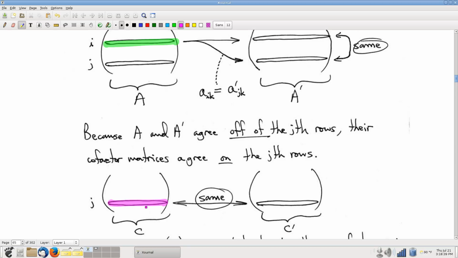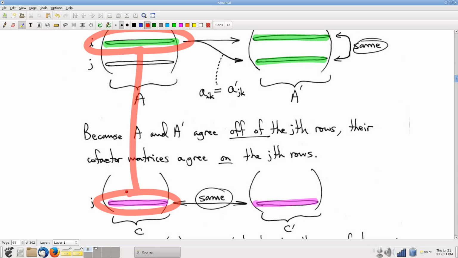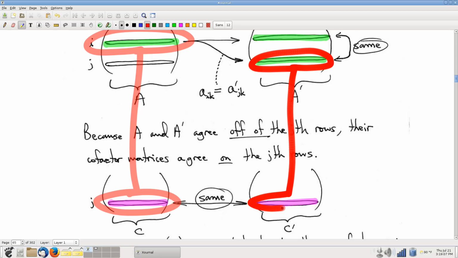Now, we just argued, though, that the jth row of C is the same as that row. And don't forget, from our definition of A prime, that is the same as that and is also the same as that. So the dot product of that with this is the same as the dot product of that with this.